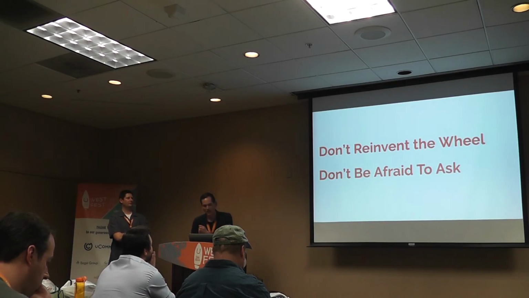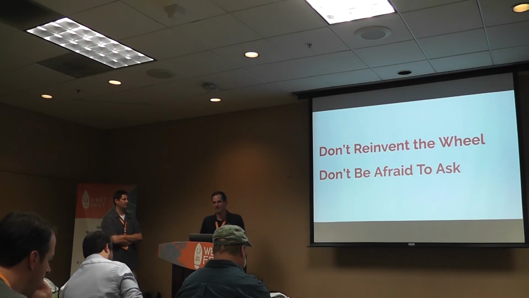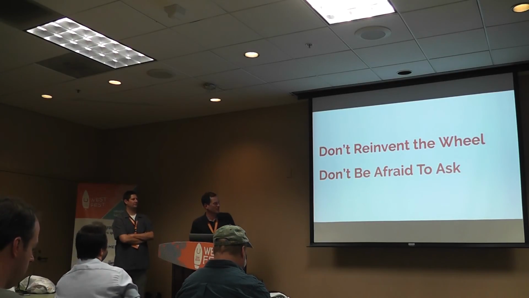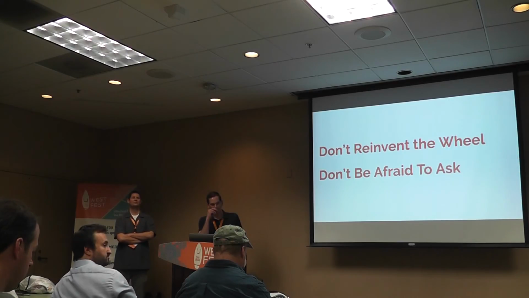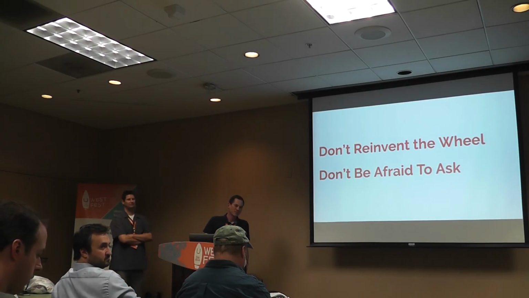But the worst case, if it has a GitHub repo, I can always fix it myself, or just fork it. It may be dead, but we have a new fork, and the community can use that fork instead.